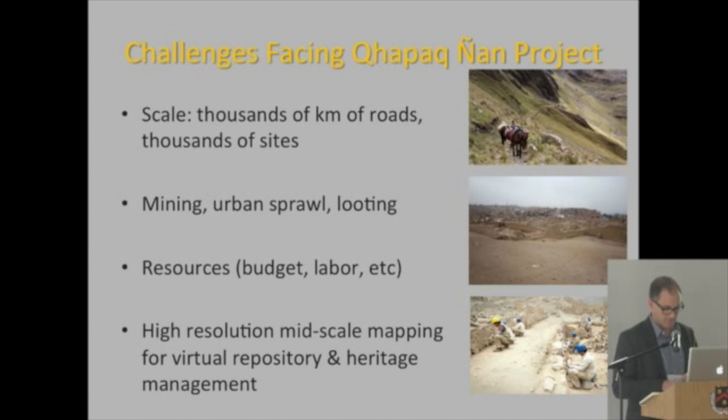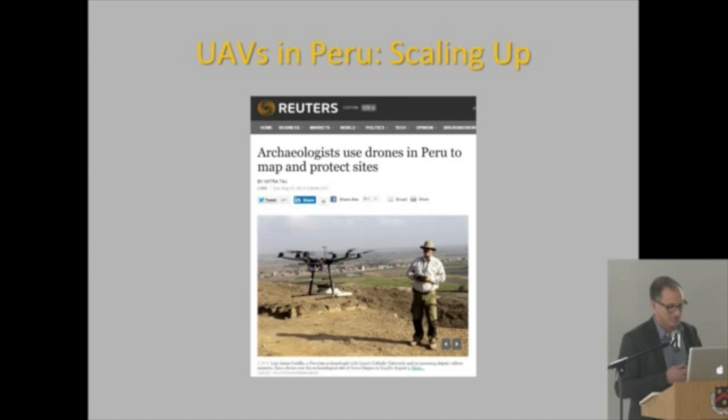So this was proposed in conversation with Giancarlo. We thought this past summer we could do a test project, a pilot project, building on the enthusiastic use of UAVs in Peru. That's the Vice Minister of Culture there, Luis Jaime Castillo.